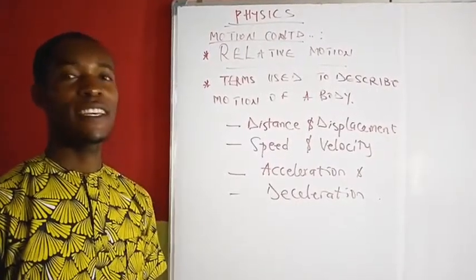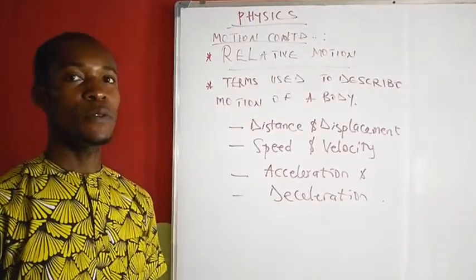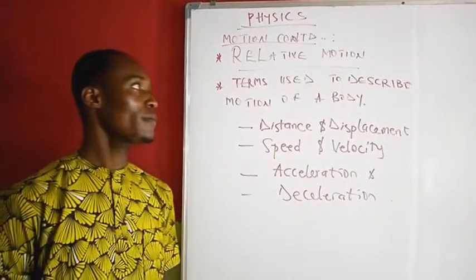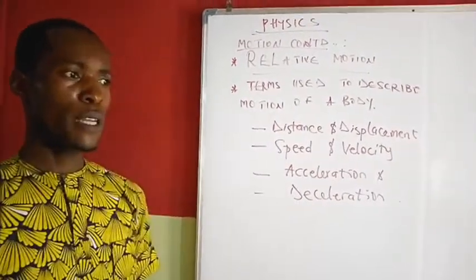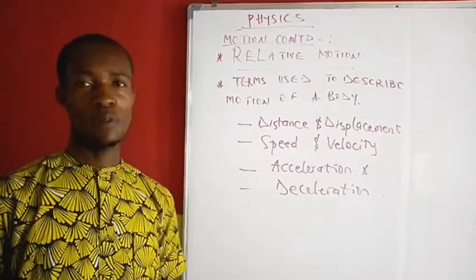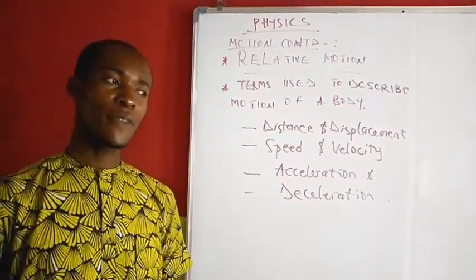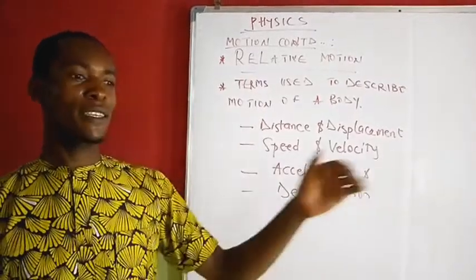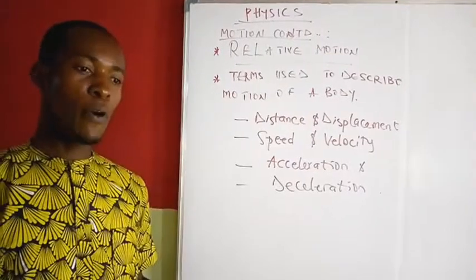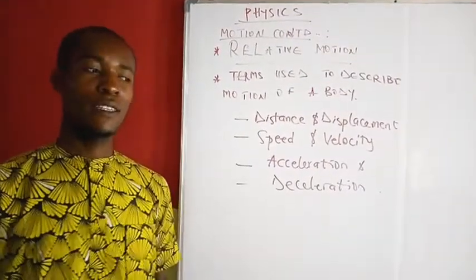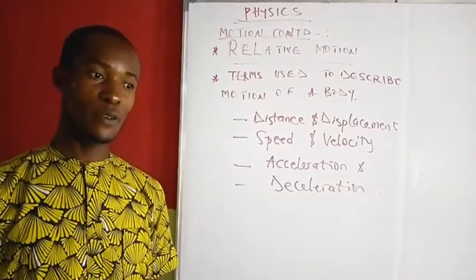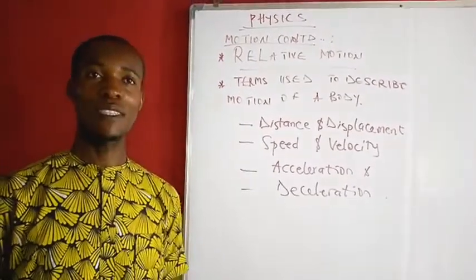Welcome back again. Now we'll continue with the concept of relative motion. You can understand that sometimes when you enter a bus, you notice that if another bus passes the one that you are in, at a point it seems as if both buses are not moving, but later on you understand that there is movement.